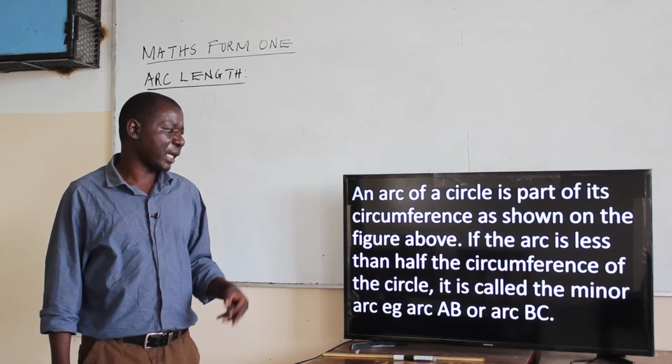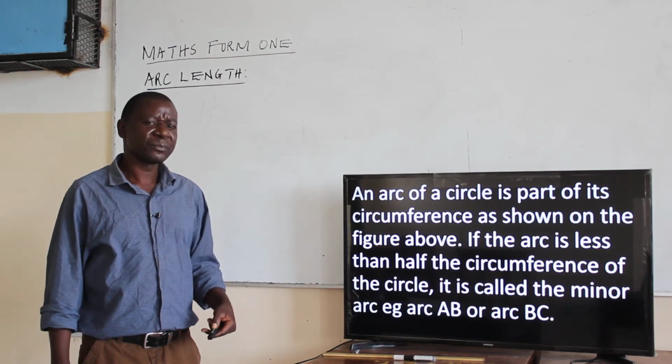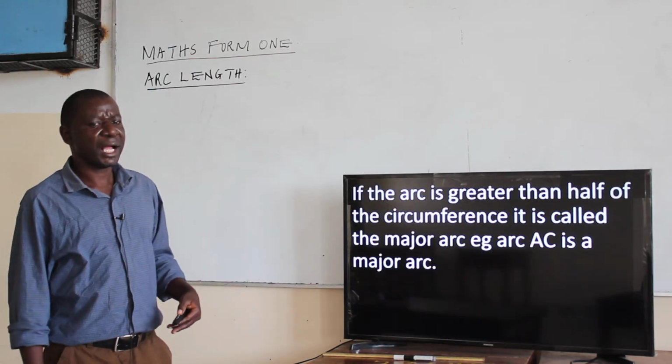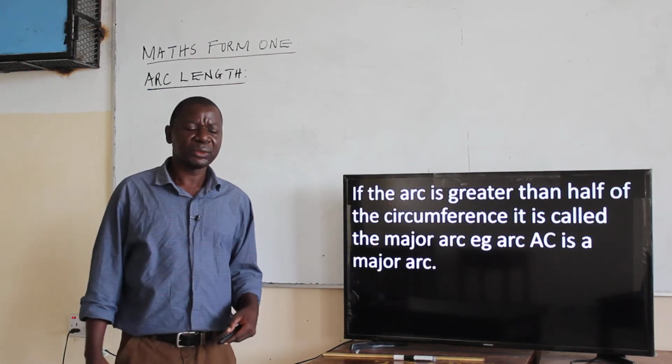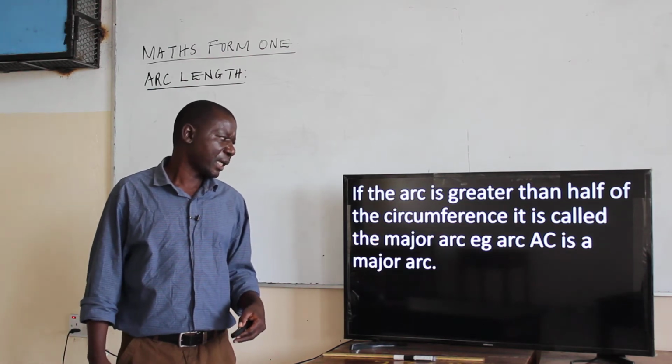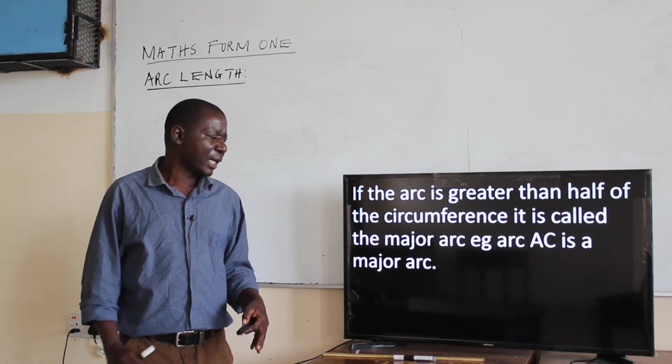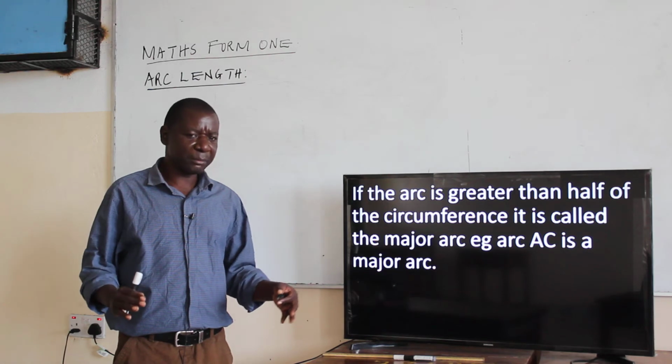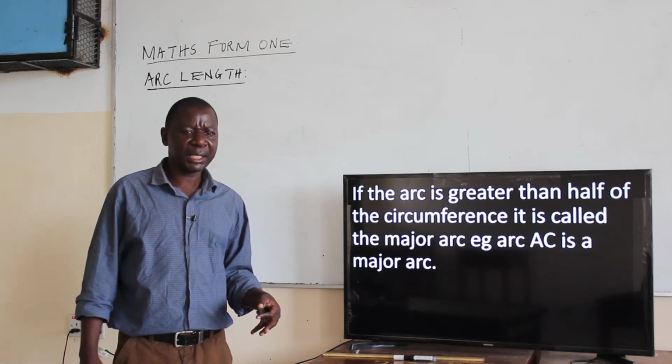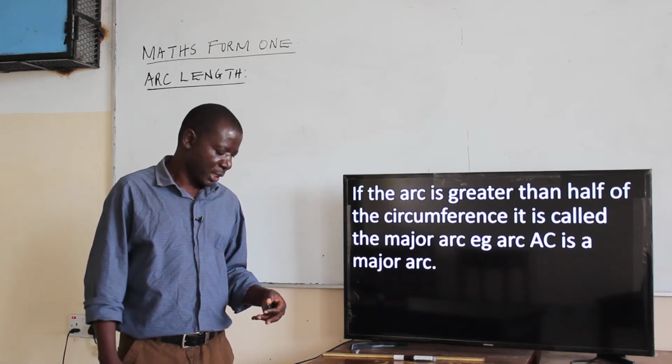If the arc is greater than half of the circle, then we call it a major arc. And therefore the circumference made from that major arc is called the major arc length.